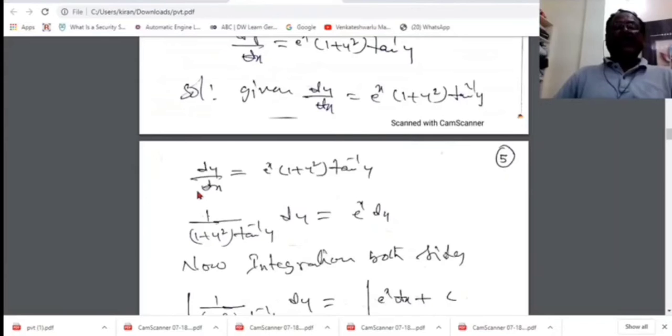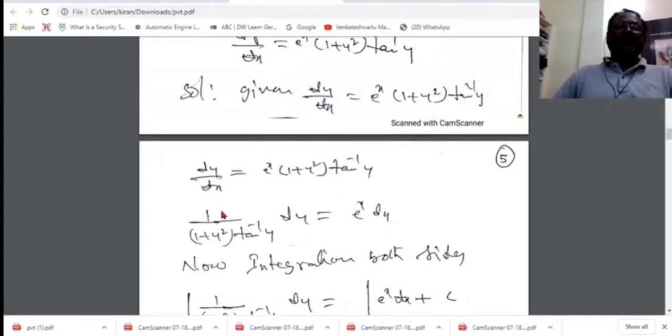Here the variables are x and y, so we separate x terms and y terms.